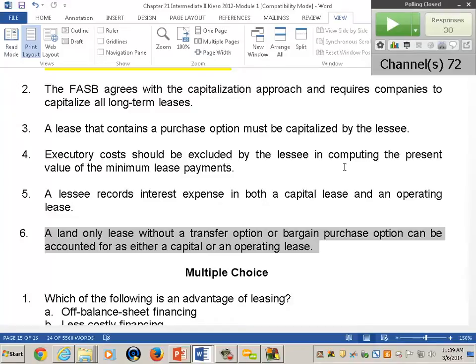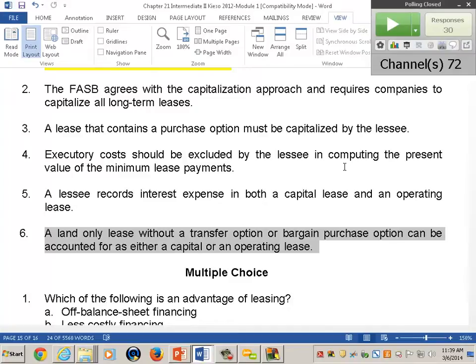If there's only land in the lease and you don't have a bargain purchase option, you don't have a transfer of ownership, could you capitalize it? And the answer is no. It has to be an operating lease, so that land that is evaluated and only passes the 75 or 90% test has to be an operating lease.